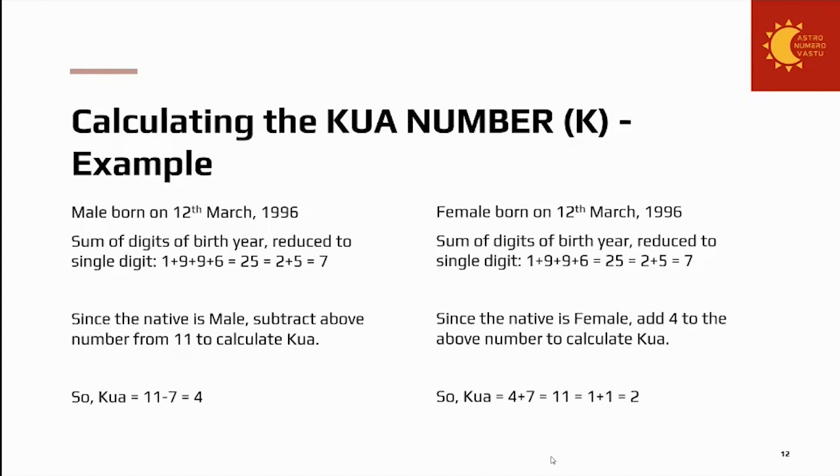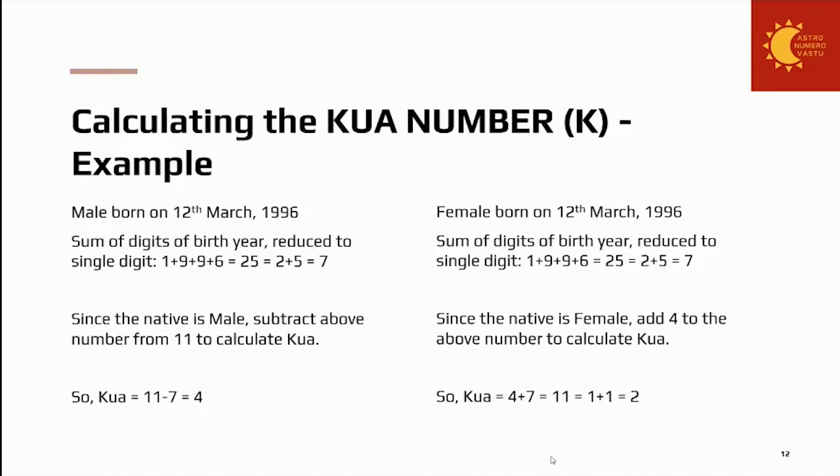Now, the Kua number will differentiate between the charts of this male and female. The first step, as I said, is the same: sum of the digits of the birth year reduced to a single digit. So here 1 plus 9 plus 9 plus 6 gives 25. 2 plus 5 is equal to 7.